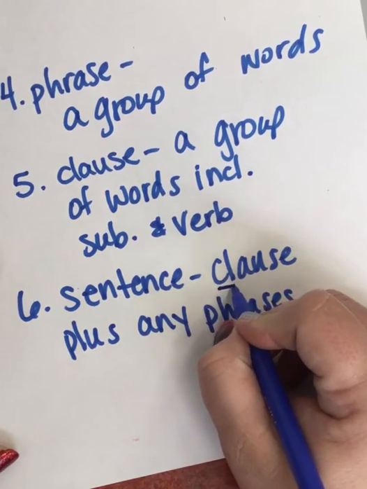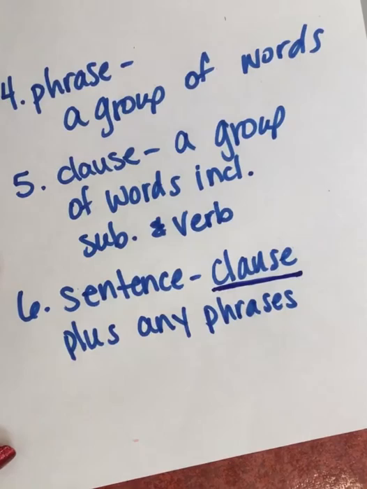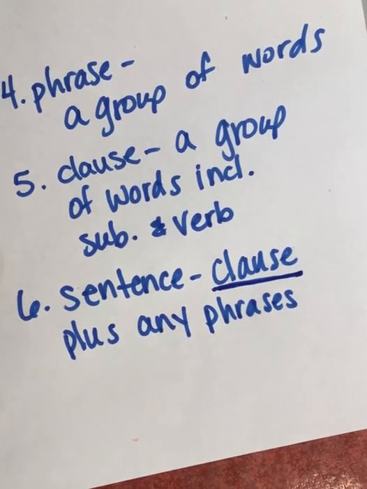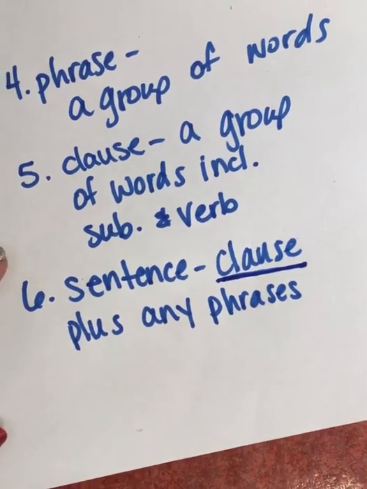So a sentence can consist of just a single clause, or it could be multiple clauses with different kinds of phrases. And then you have 7 is paragraph, and that's it, right? We stopped it.